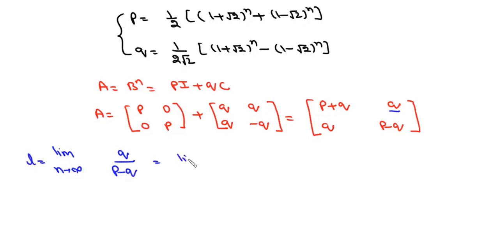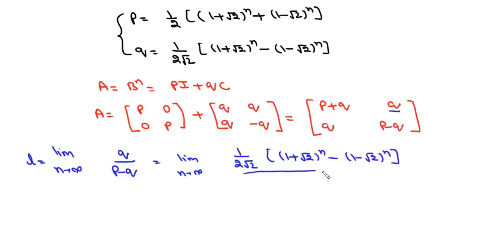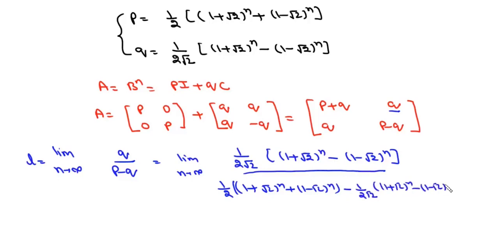Now this is limit n tends to infinity. Now Q is 1 upon 2 root 2, and this is (1 plus root 2) to the power n minus (1 minus root 2) to the power n, whole divided by P minus Q. And P minus Q will be 1 by 2, (1 plus root 2) to the power n plus (1 minus root 2) to the power n, and minus 1 upon 2 root 2, (1 plus root 2) to the power n minus (1 minus root 2) to the power n.